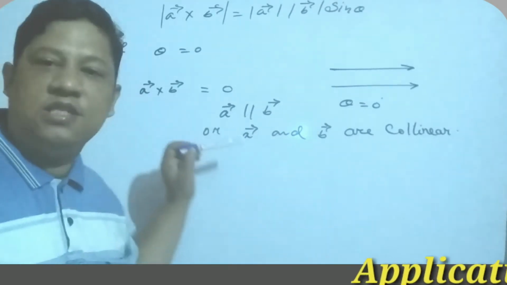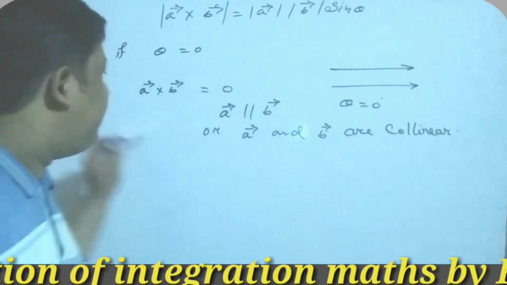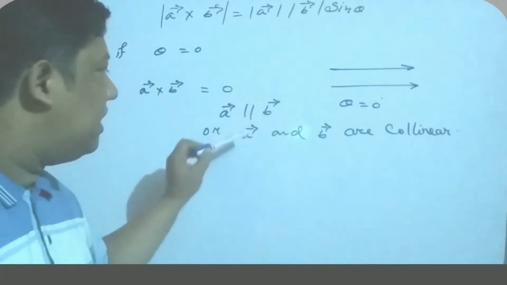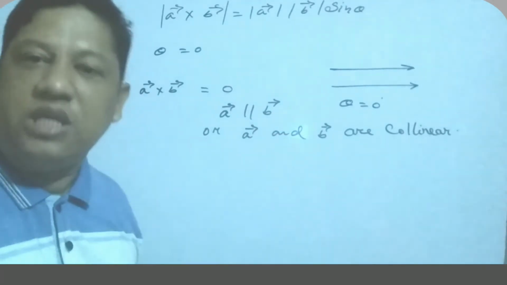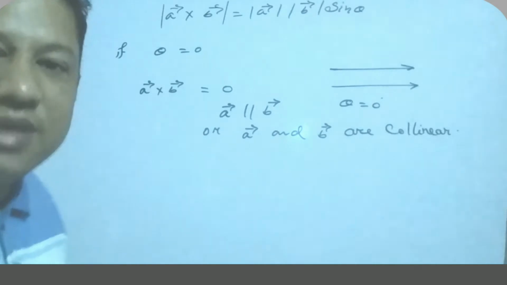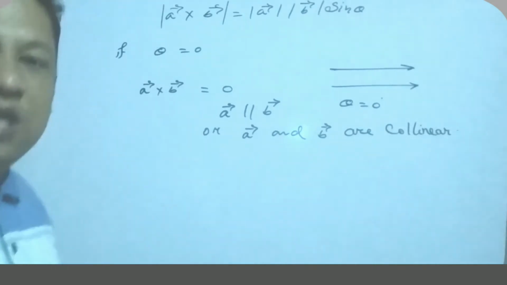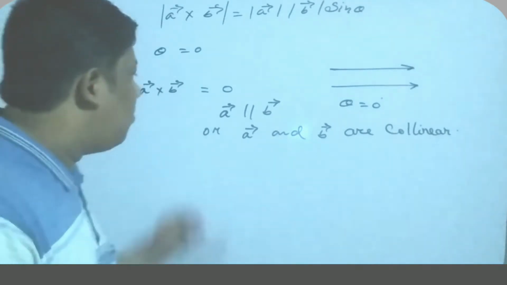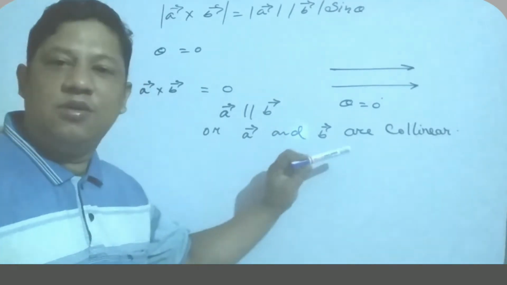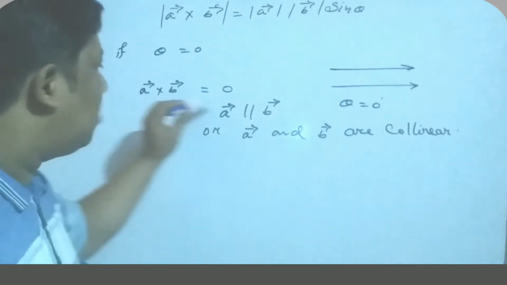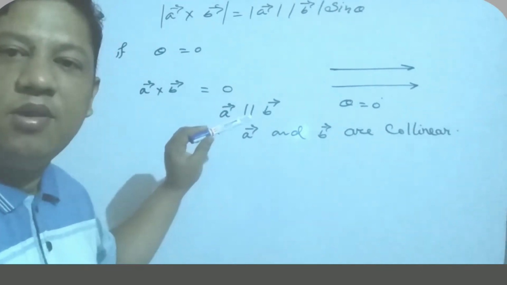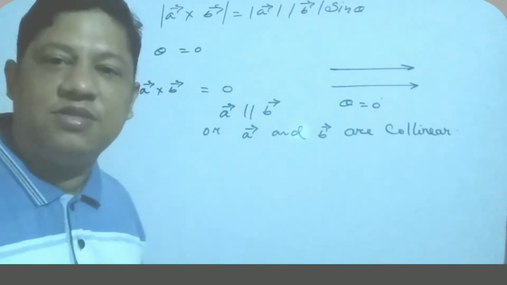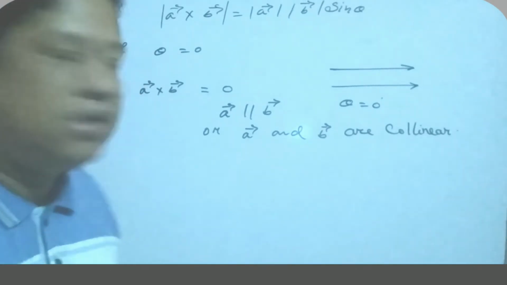Using this identity, if A cross B equal to 0, then A is parallel to B or theta equal to 0. In these cases A and B are collinear. So, my dear students, it is a very important necessary condition that if A and B are collinear, then A cross B equal to 0. Using this identity, you can show whether two vectors are collinear or not.